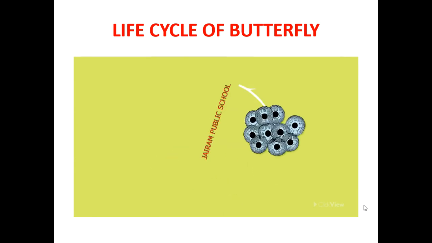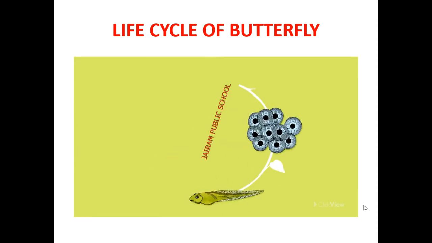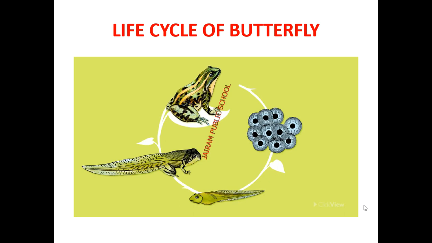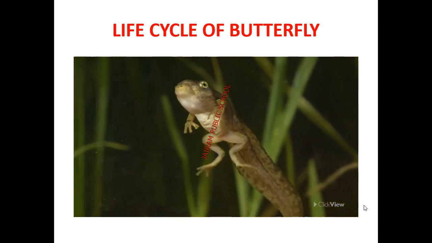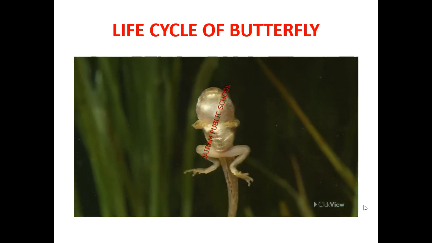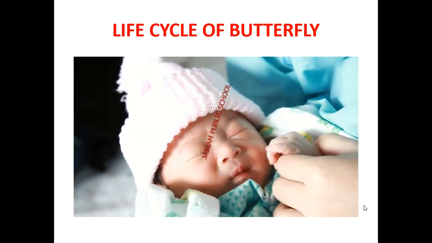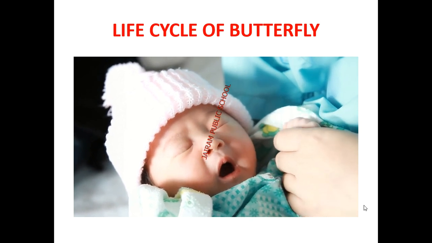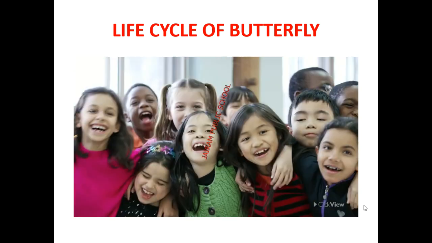It transforms from an egg to a tadpole, then slowly grows arms and legs and transforms into an adult frog. Can you think of any other animals or insects that go through special stages to grow into an adult? What about you? Have you gone through some physical changes since you were born?